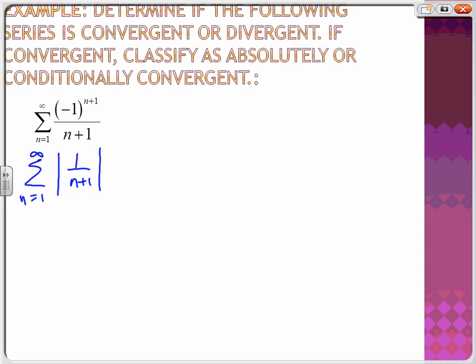Alright, so for the integral test, what do we have to show? Positive, continuous, and decreasing. Go for it.